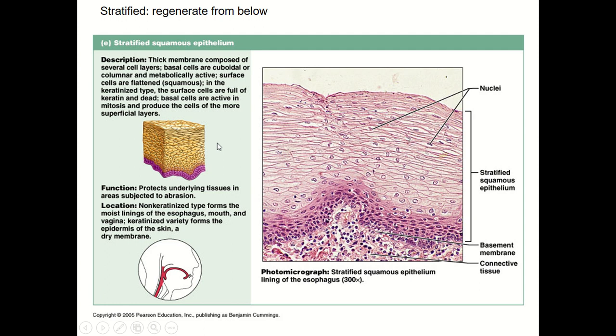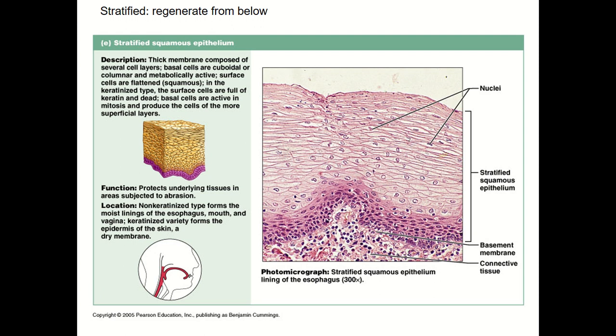In the keratinized type, the surface cells are full of keratin and dead cells, and the basal cells are active in mitosis and produce the cells of the most superficial layer. Its function is to protect the underlying tissues in areas that are subjected to abrasion or friction.